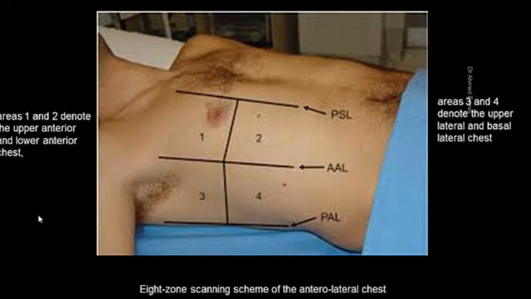This image demonstrates how to divide the chest anteriorly into 4 spaces and examine each space separately. And these are diagrams. This way we do not miss any regions or any lesions in the chest ultrasound.